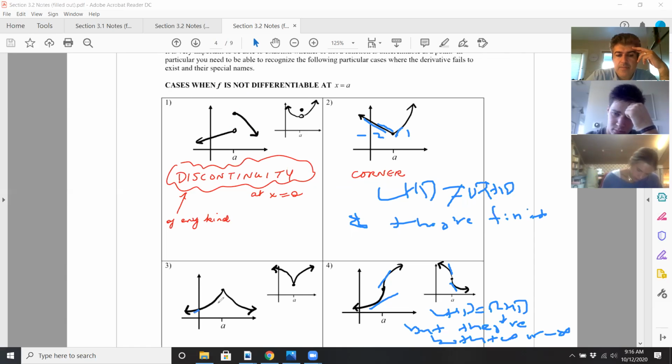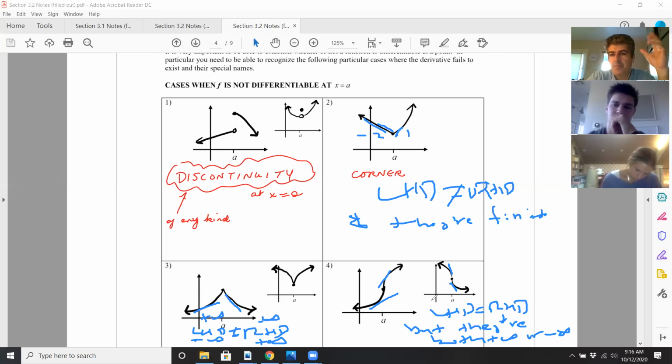Here, they're not finite, they're infinite values. So as I'm approaching a here, my left-hand derivative does not equal my right-hand derivative, and they're going to be either negative infinity, positive infinity, or it could be the other way around, positive infinity and negative infinity. So a little different than the vertical tangent, where they're both positive or both negative infinity.